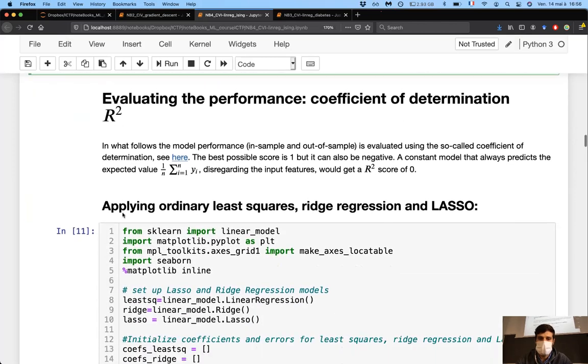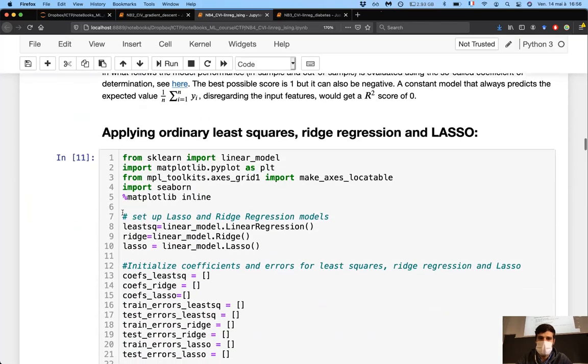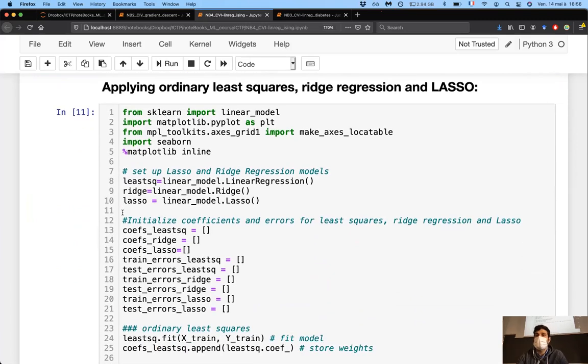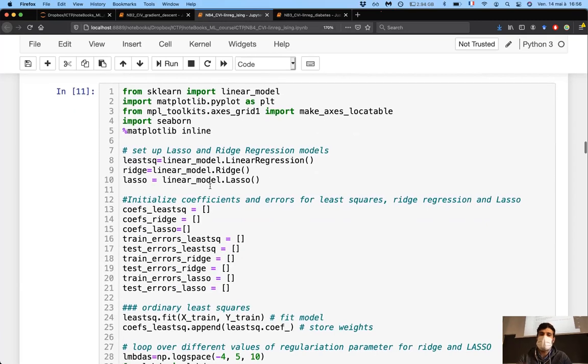All right. So now I will apply my three forms of linear regression that we discussed: ordinary least square, ridge regression, and lasso, on this linear task of learning a two-dimensional Ising model. This should also give you a hint of how linear regression is actually generic.